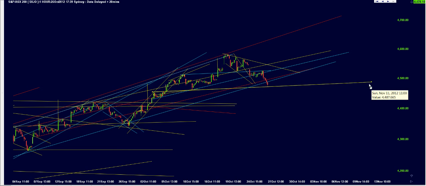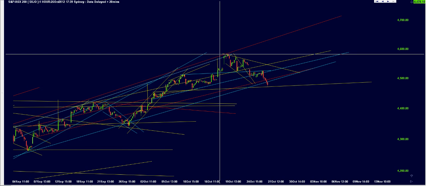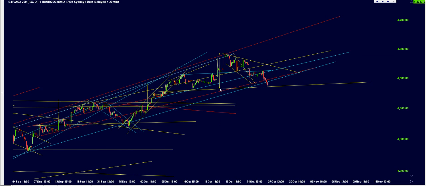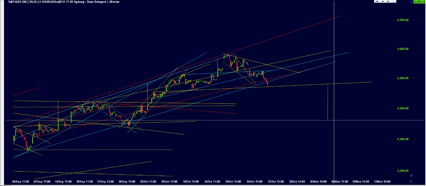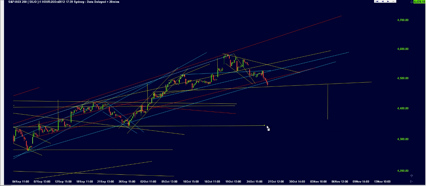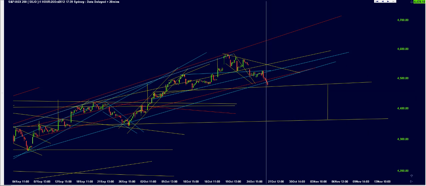And if we do, well, the ASX 200 then would have an expected target. If we were to break somewhere over here in November, we would have a minimum expected target of around the 4,370 area, and I would say that a few of these other areas would be able to hold the ASX 200 up. So it would be interesting to see what happens in the next week on the ASX 200.